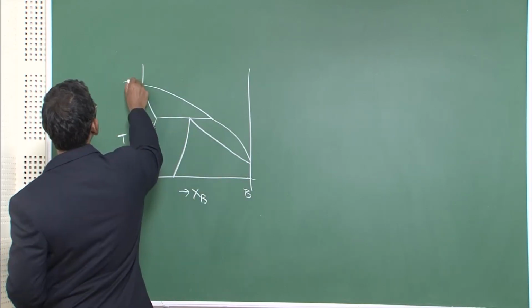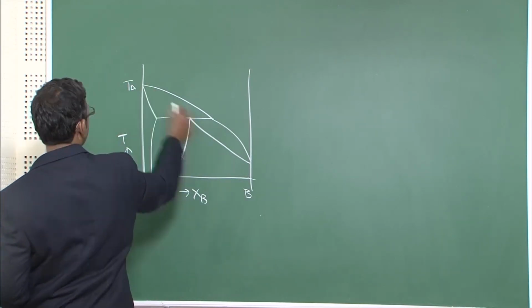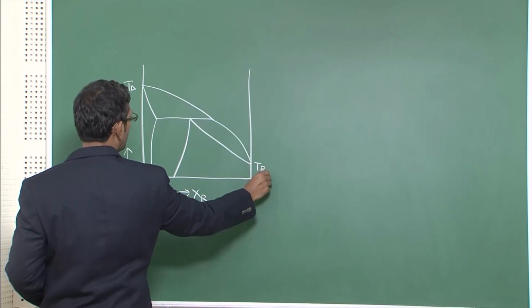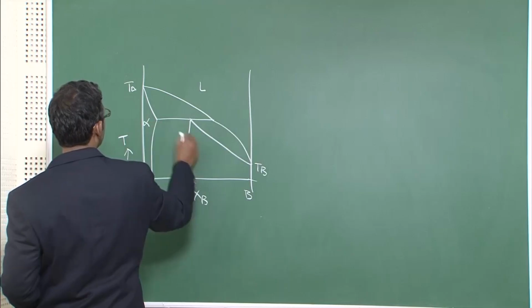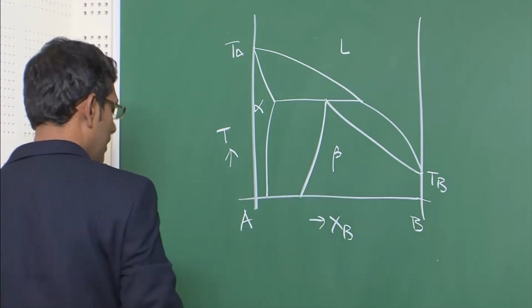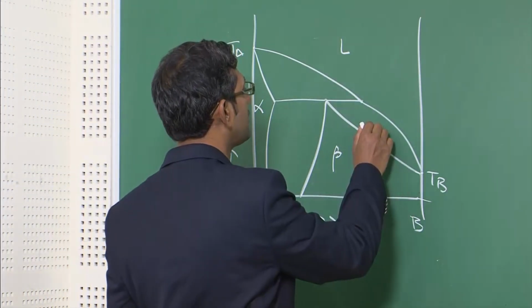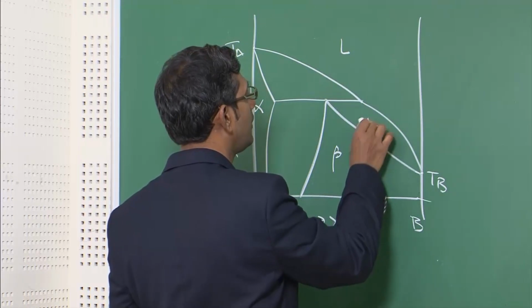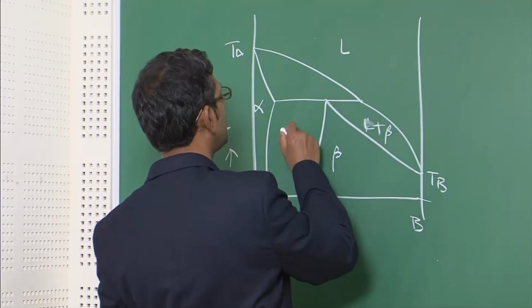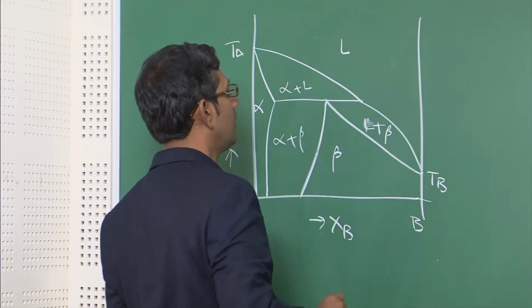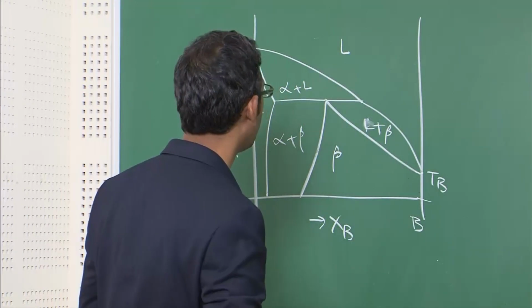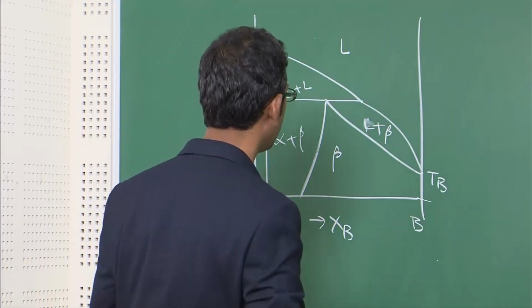So this is TA, melting temperature of A, this point. This is TB, melting temperature of element B, and this is alpha, this is beta. Rest of the stuff is very easy. So this is liquid plus beta, this is alpha plus beta, and this is alpha plus liquid. This is the simple possible phase diagram of peritectic reactions.